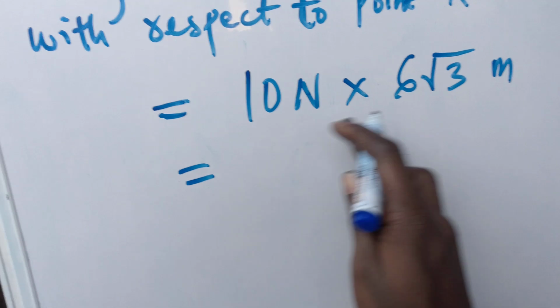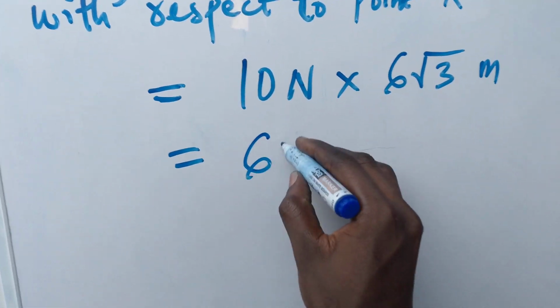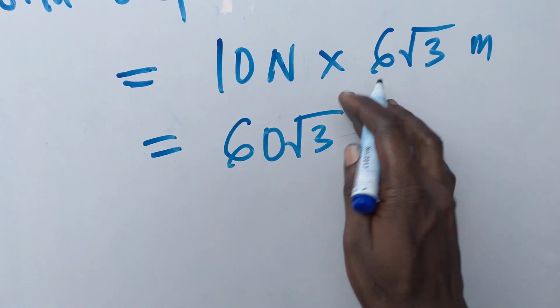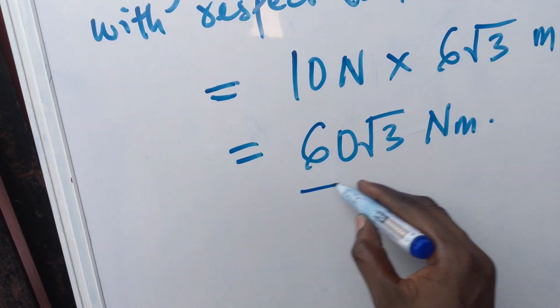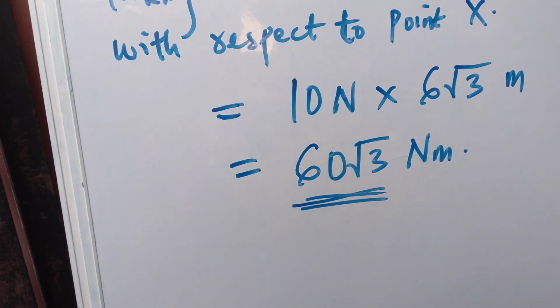If I multiply 10 times 6, that gives 60, so that is 60 root 3 Newton meters. Final answer: 60 root 3 Newton meters.